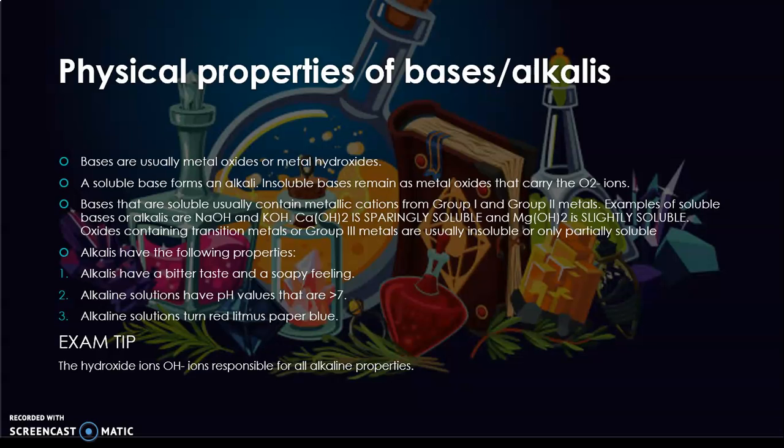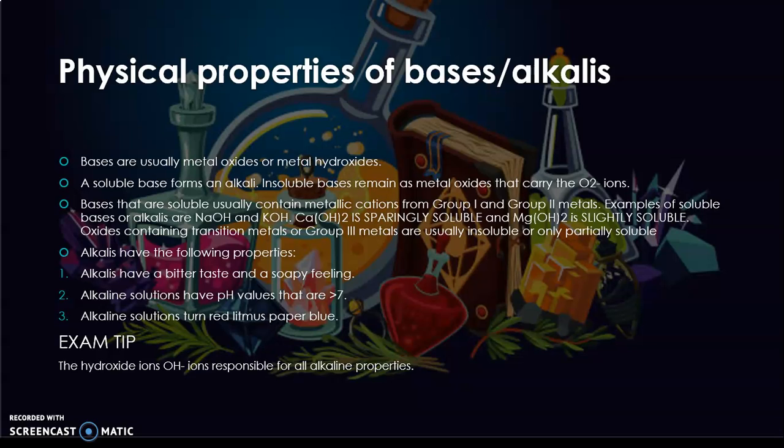Oxides containing transition metals or group 3 metals are usually insoluble or only partially soluble, which is similar to sparingly soluble and slightly soluble. Oxides containing transition metal ions, that's the key point, or group 3 metals.